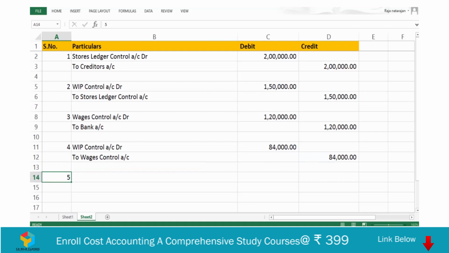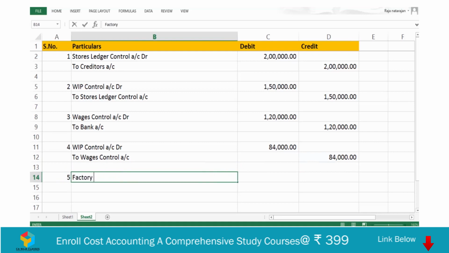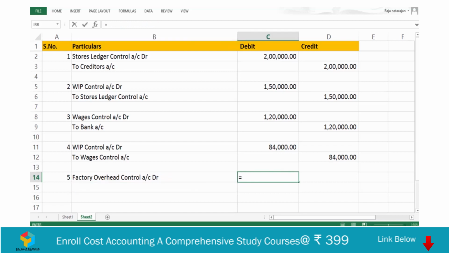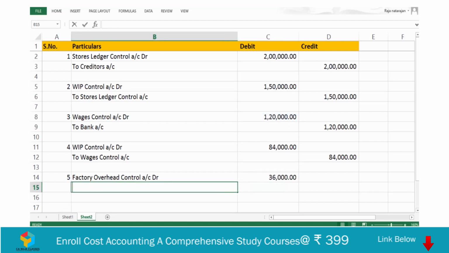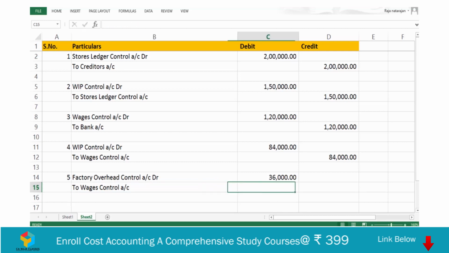So item number 5, factory overhead control account should be debited for 30% of this amount, and that works out to 36,000, and credit should go to wages control account, 36,000. So that's been done.